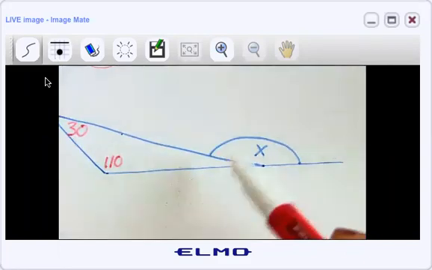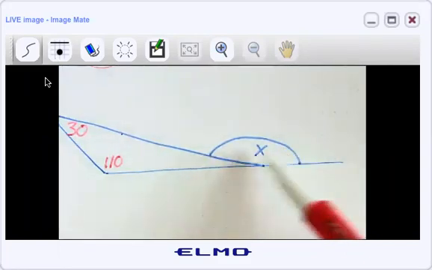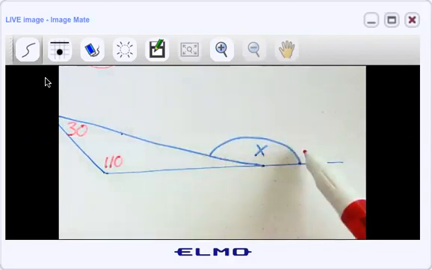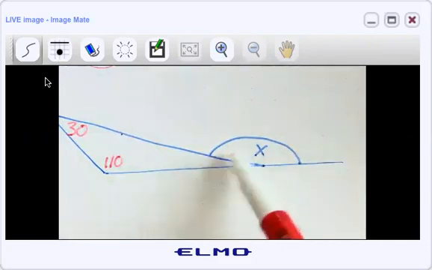You could find the measure of this angle, and then these two again. These two are always going to add up to be 180, because remember how we're creating it. We're just taking one side and making it longer. So you're always going to have a straight line there. So these two have to add up to be 180. Feel free to let me know when you have your answer for X.